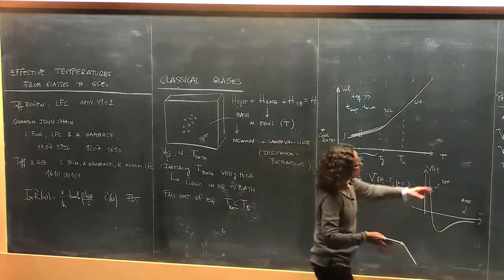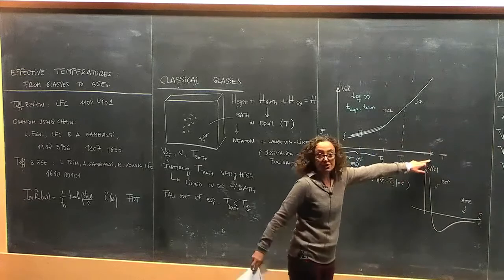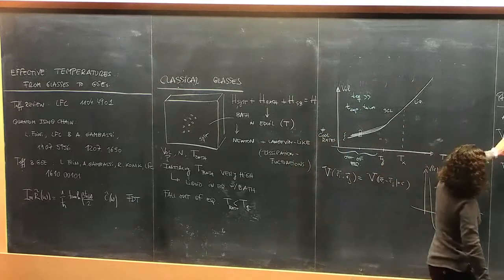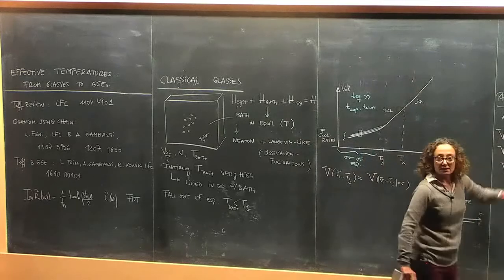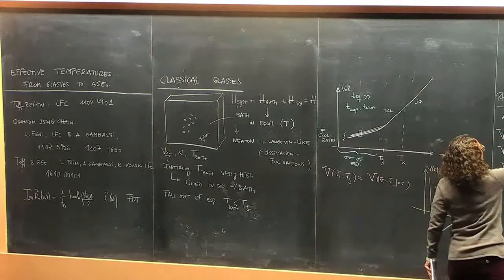But if you start from an initial configuration where these are mixed, typically at very high temperatures, and then you quench below some critical temperature, that will depend also on the density of the two species, but imagine that you have a 50-50 mixture, to make it simple.